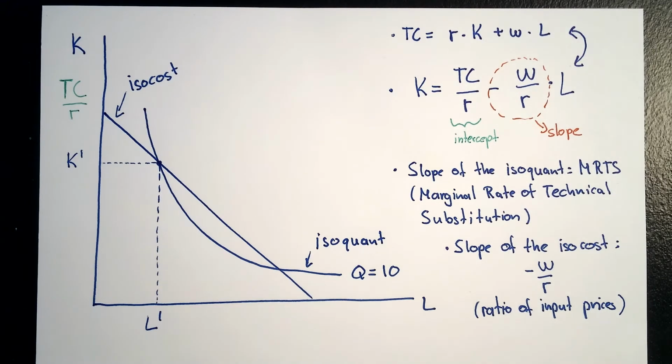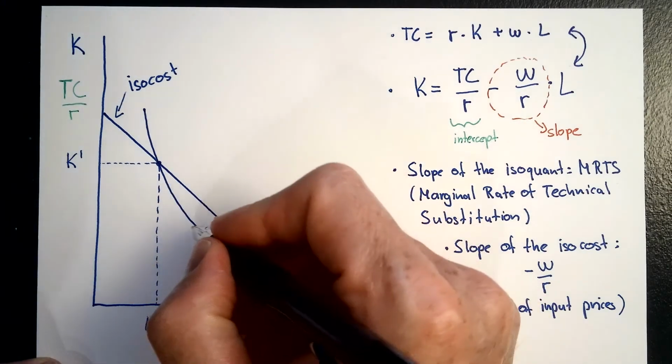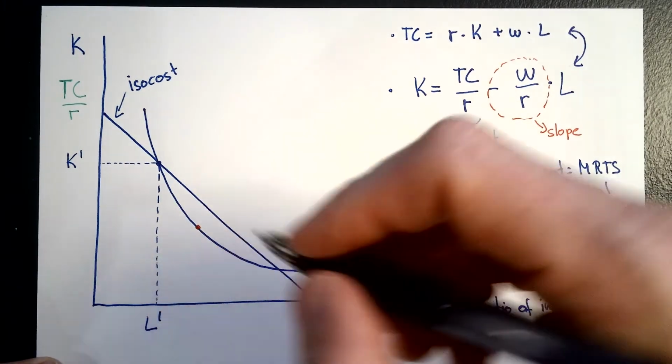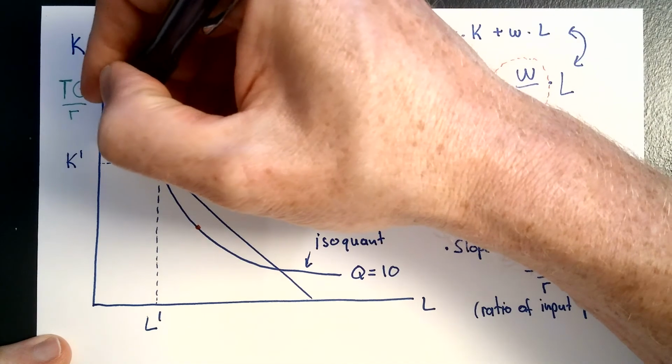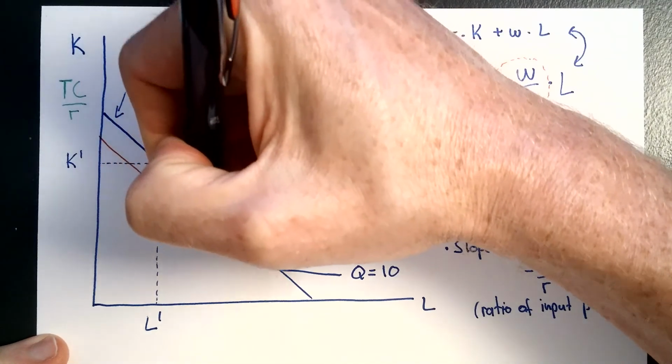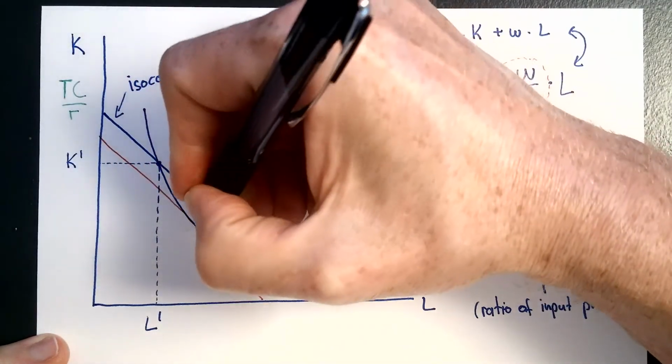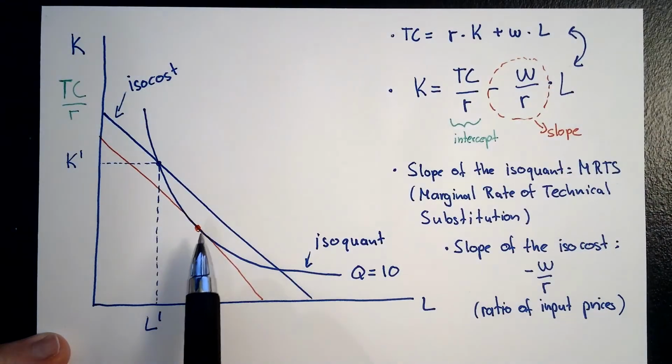Why is that? Now consider a slightly different combination of capital and labor. Say here, say in this case, so this should be a tangent.